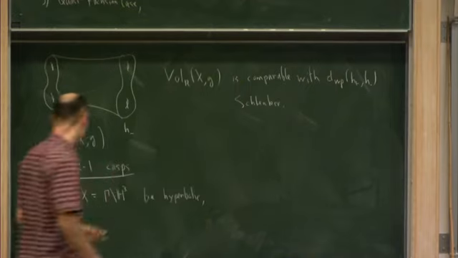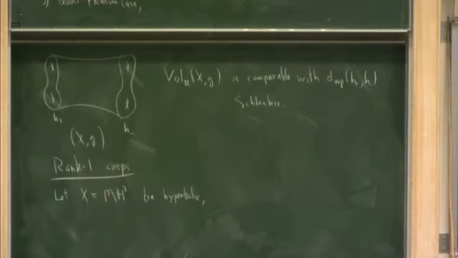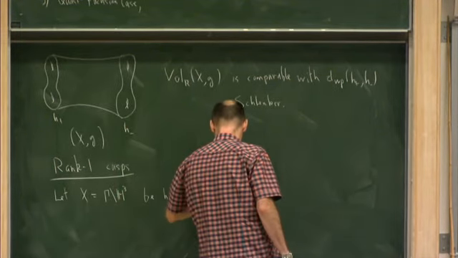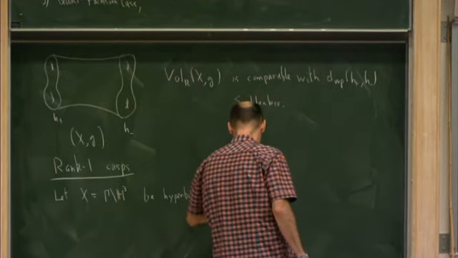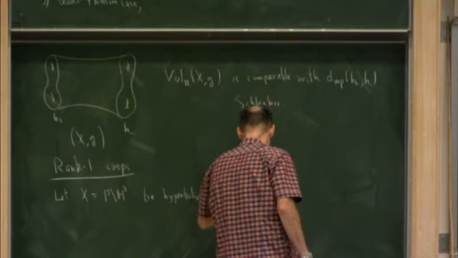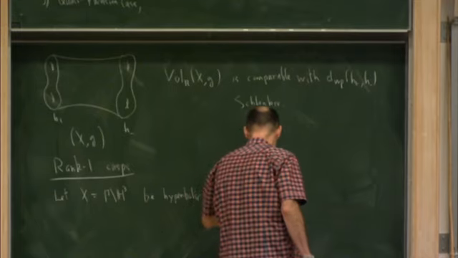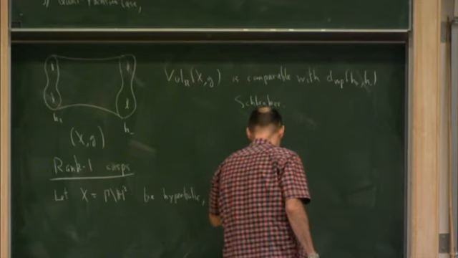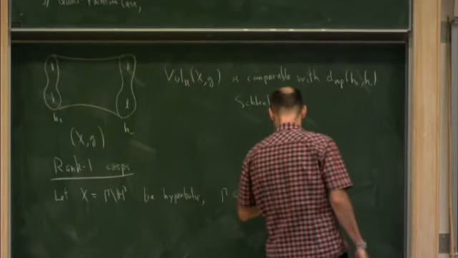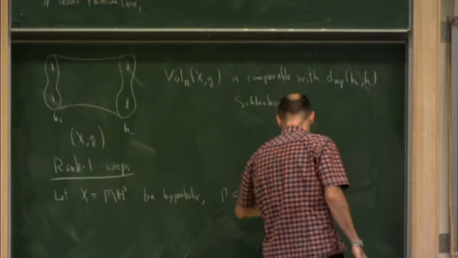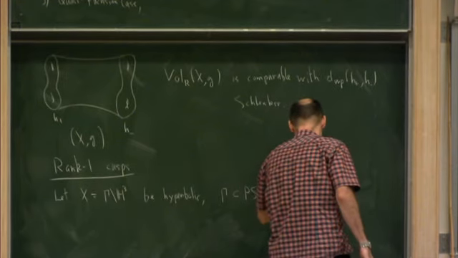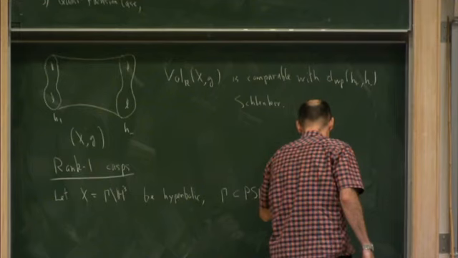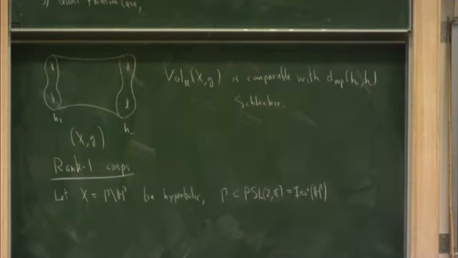So gamma is identified with the fundamental group of X, and that would be a subgroup of PSL2(C), which is the isometry group of hyperbolic space preserving the orientation.